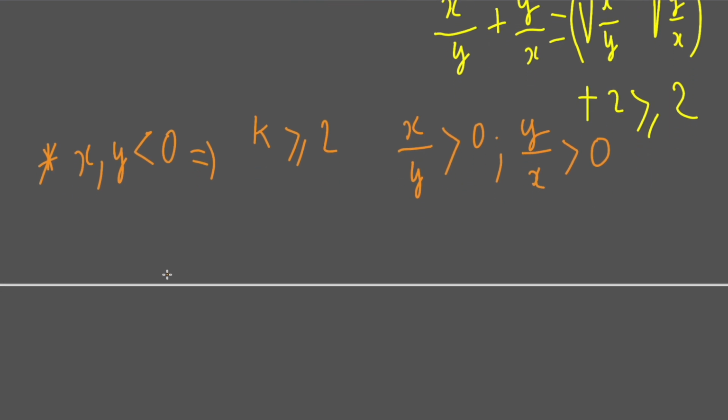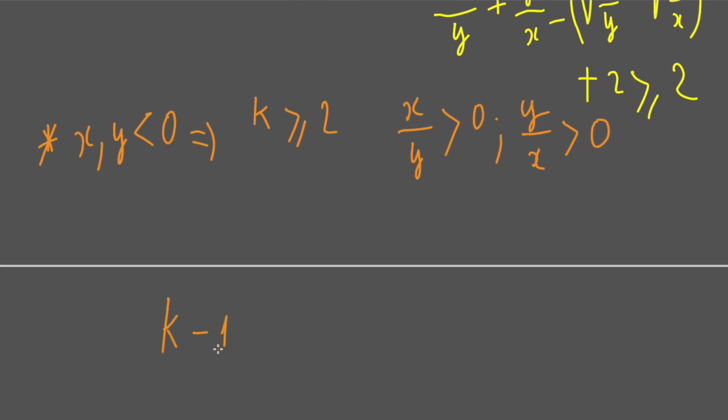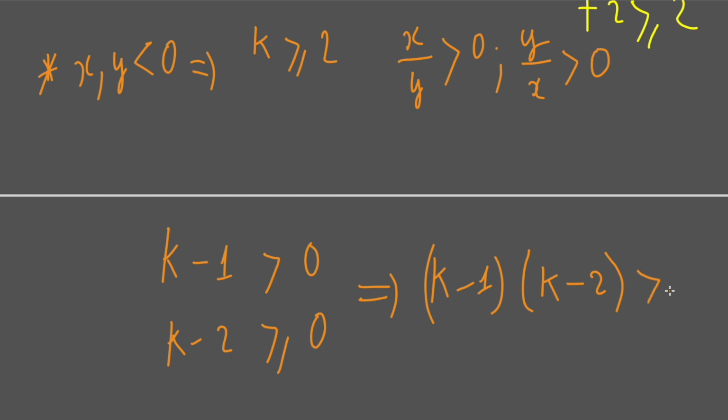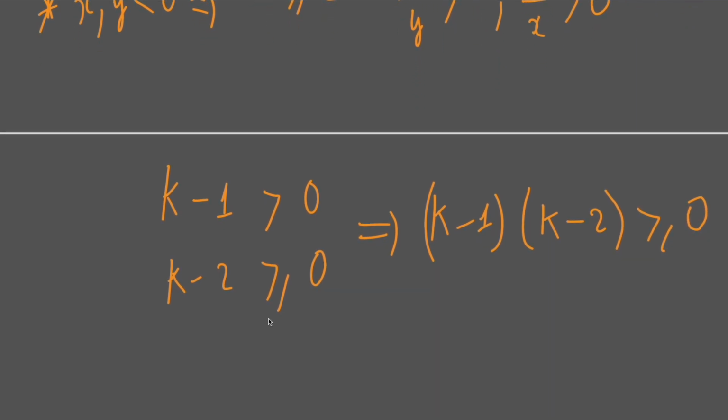Then obviously in this case, k minus 1 is greater than 0 because k is greater than or equal to 2, and k minus 2 is greater than or equal to 0. Then k minus 1 multiplied by k minus 2 is greater than or equal to 0. It means the inequality is always correct in this case as well.